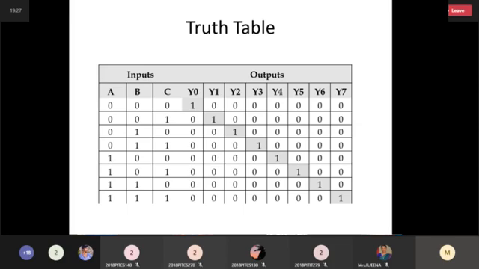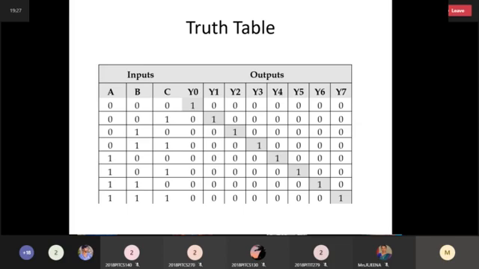In the fourth, A is 0 and B and C are 1, which means Y3 is active. Then A is 1, B and C are 0, which means Y4 is active. A and C are 1, B is 0, which means Y5 is active. A and B are 1 and C is 0, which means Y6 is active. A, B, C all 1 means Y7 is active.